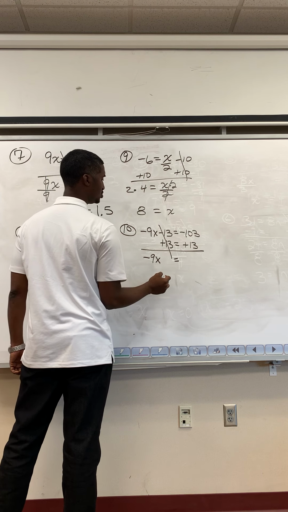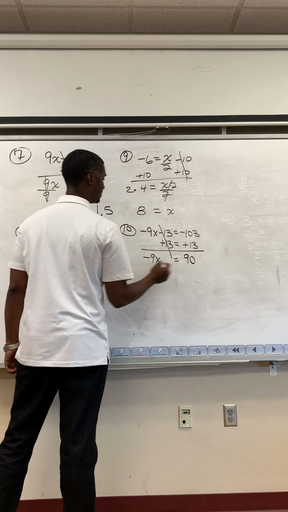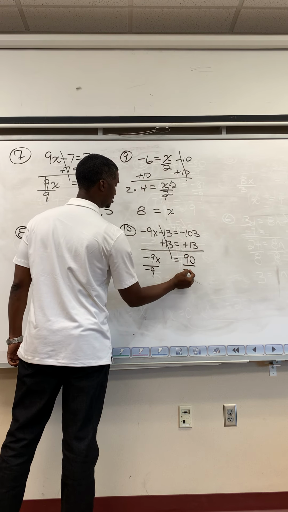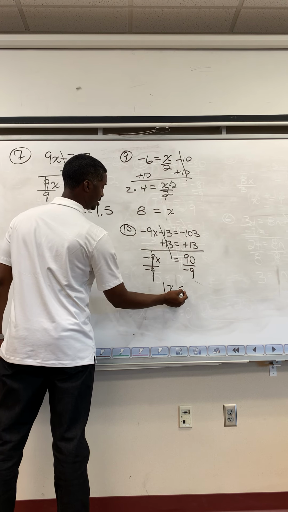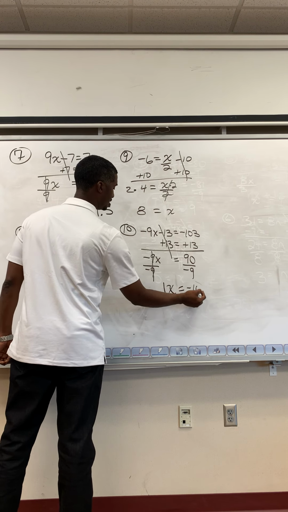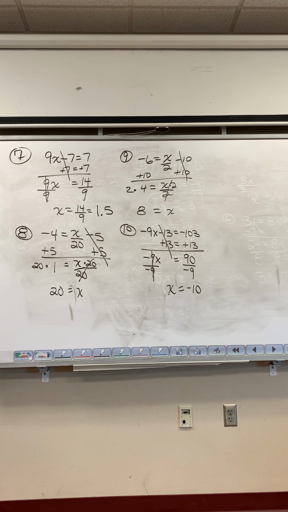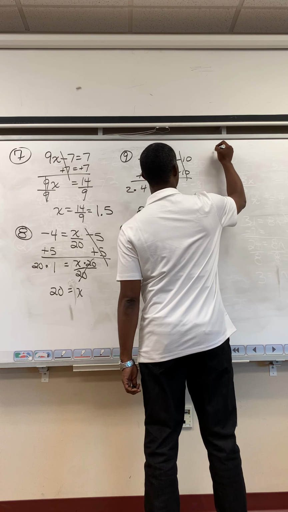Is equal to -90. Then I'm going to divide both sides by -9. That's going to leave me with 1x is equal to -10. I don't need the 1. Number 11. See if I can fit these last 3 up here.